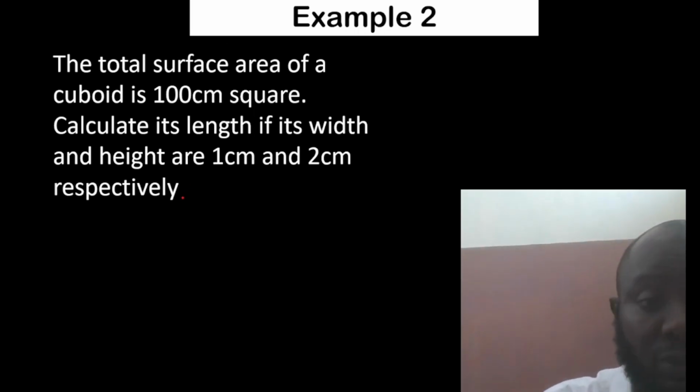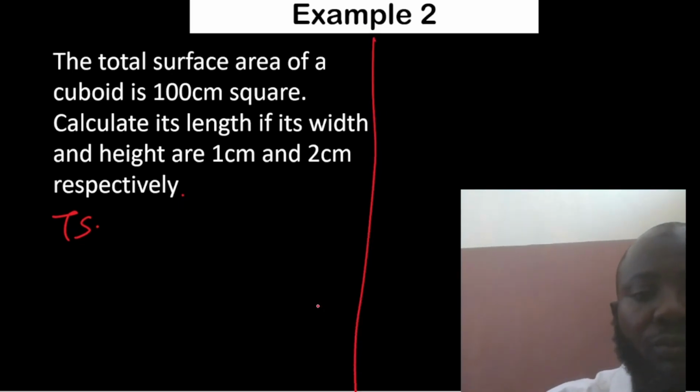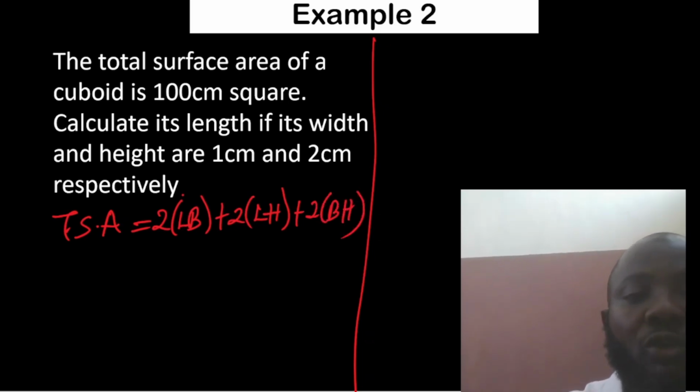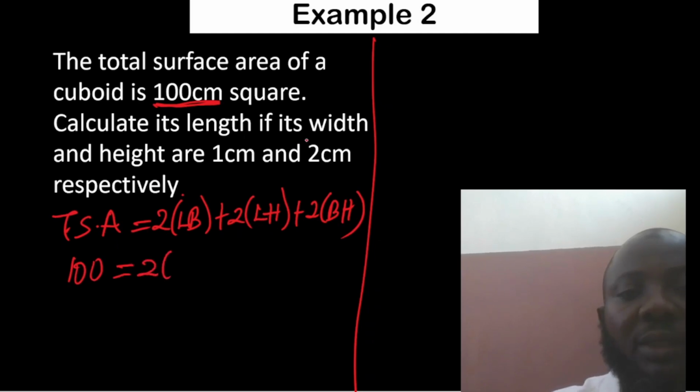The total surface area is 2LB plus 2LH plus 2BH. Mind you, you've been given the total surface area to be 100. The length is what you are looking for.